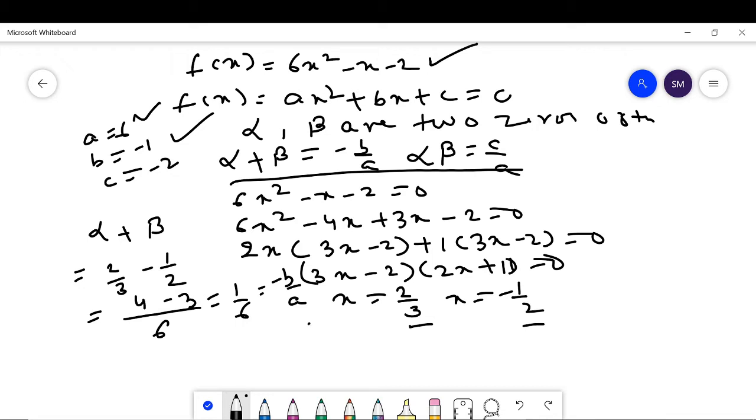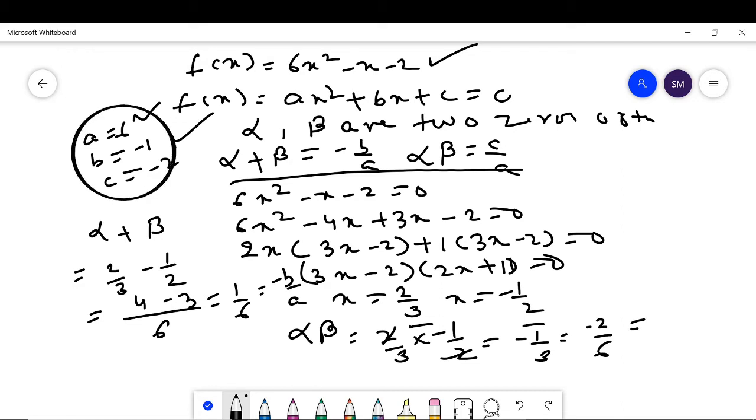Then verify alpha into beta. What is it? 2 upon 3 into minus 1 upon 2. The 2 cancels. We get minus 1 upon 3. Minus 1 upon 3 can be written as minus 2 upon 6. Am I right? Yes. Then minus 2 upon 6 is c upon a.